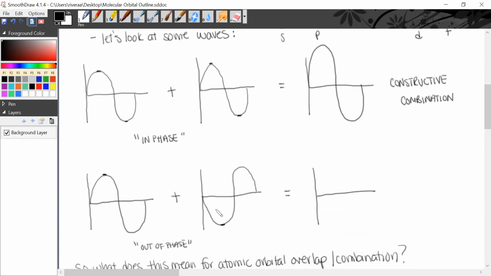That's going to cancel these two things out. These two areas of probability, they're going to cancel. The trough in this wave is where the peak in this wave is. When we mathematically add these two waves together, we get nada. We get nothing. This is what we call destructive combination.